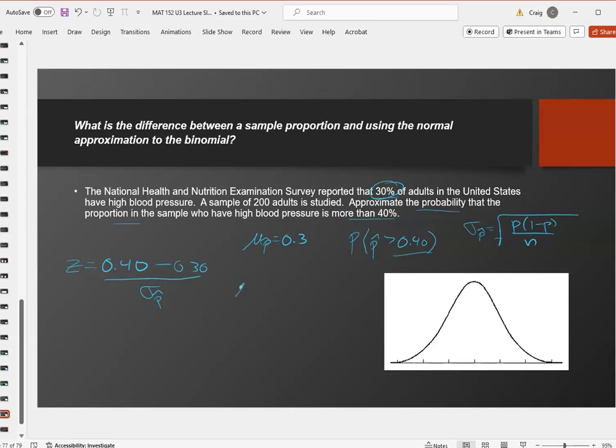So that is the square root of 0.3 times 0.7 divided by 200, and then you take the square root.